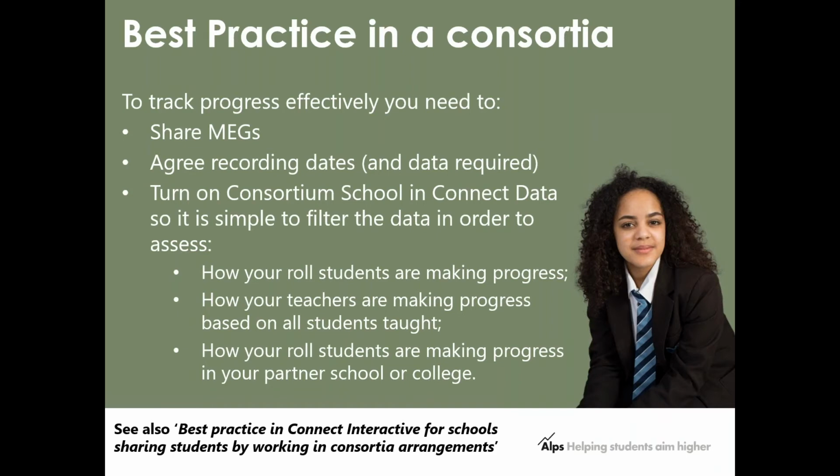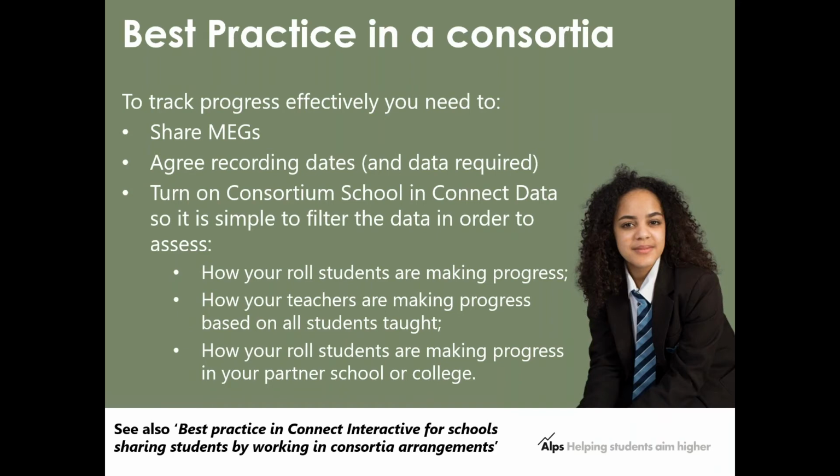And none of this is really, really difficult to do. It does depend on the 3 bullet points that I've put there. Clearly, sharing average GCSE scores and MEGs, and having probably a shared view of target setting in general, I think is probably number 1.